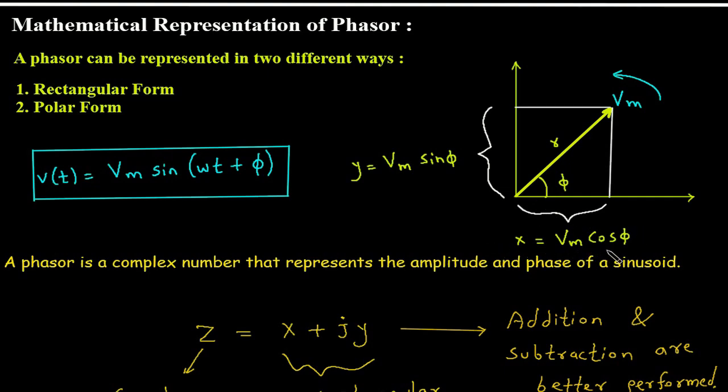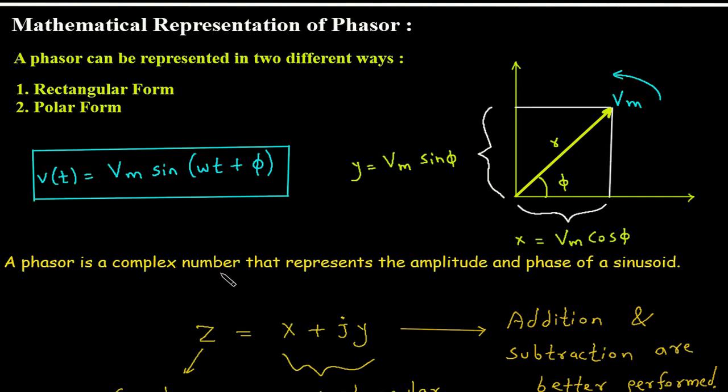Here we can see this is the x component of the phasor and this is the y component of the phasor. This phi represents phase and this r represents amplitude or magnitude. And as we know, the phasor rotates in the counterclockwise or anti-clockwise direction.